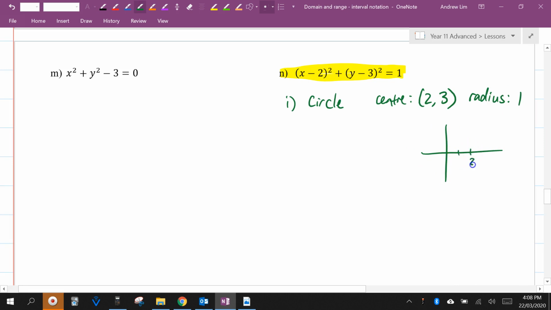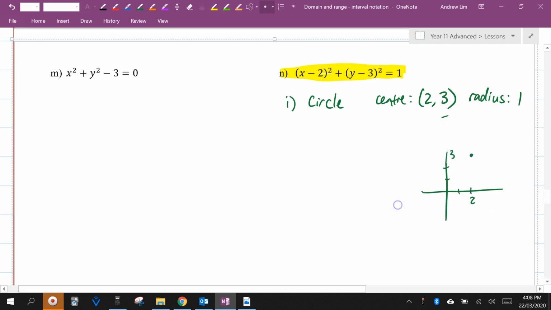So when we draw this out, 1, 2, and 3, that's the center. Let me just make more room. And then because the radius is 1, we'll go 1 all around it, and we'll draw a circle.